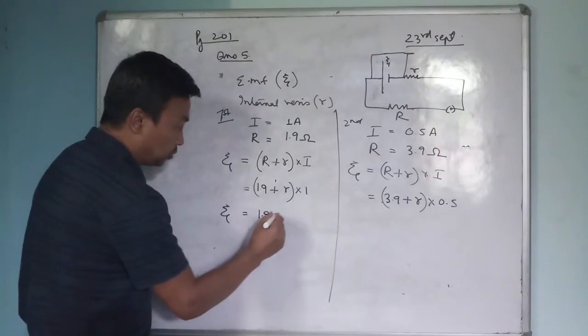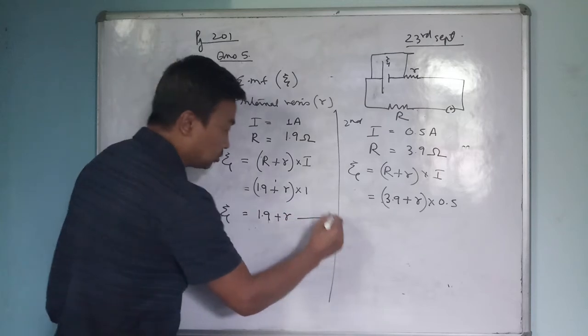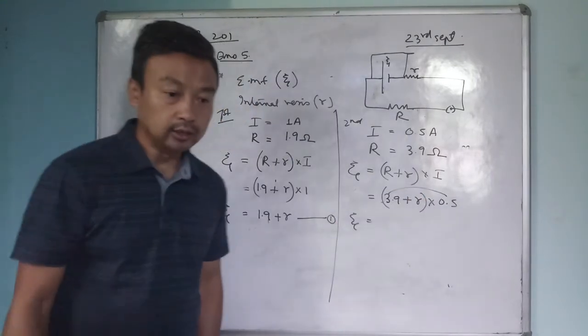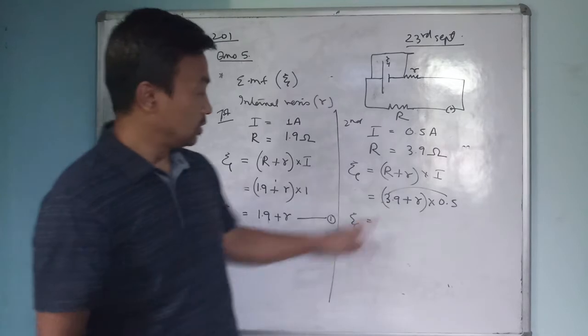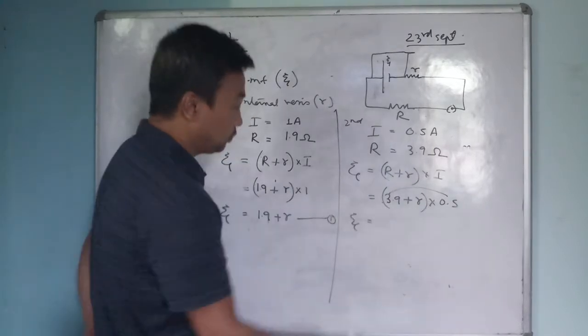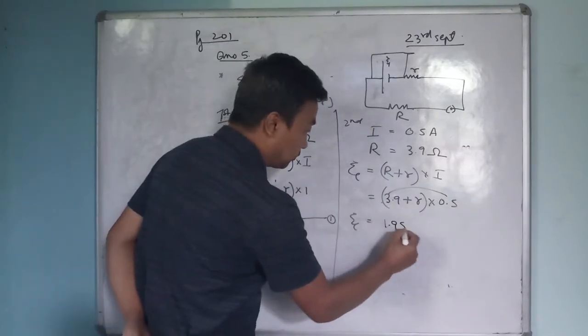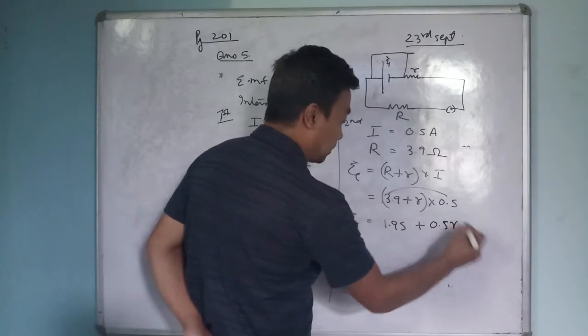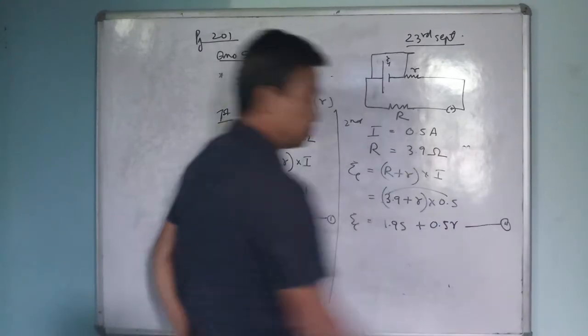So now it will be 1.9 plus R. Make this equation 1. You can open this and multiply 3.9. 3.9 into 0.5 is 1.95, I think, yes, plus 0.5 R. Let us make this equation 2.